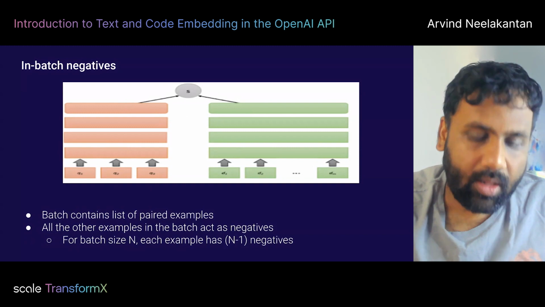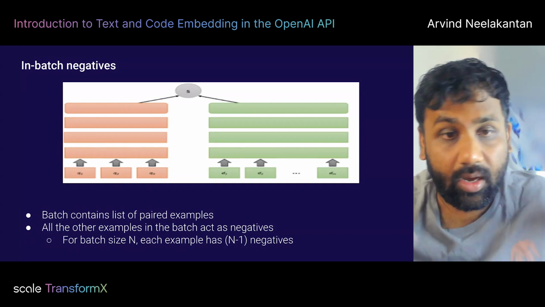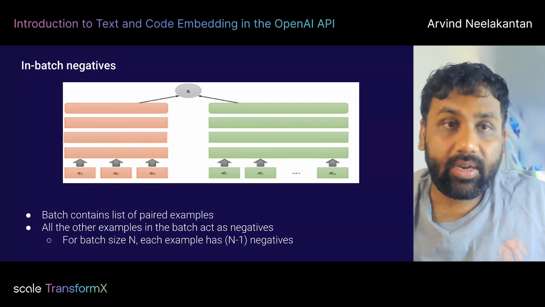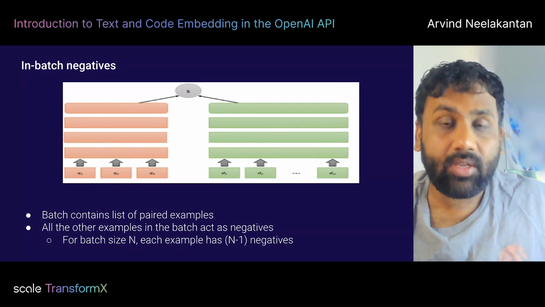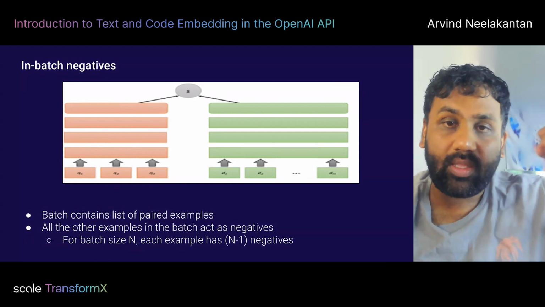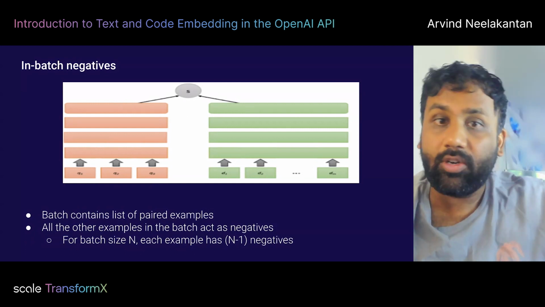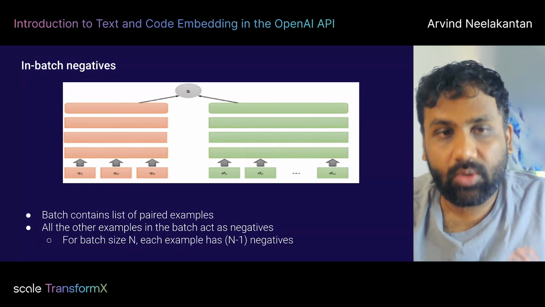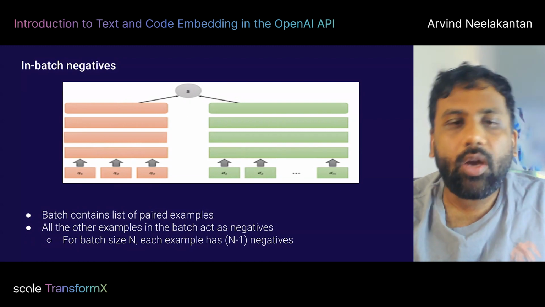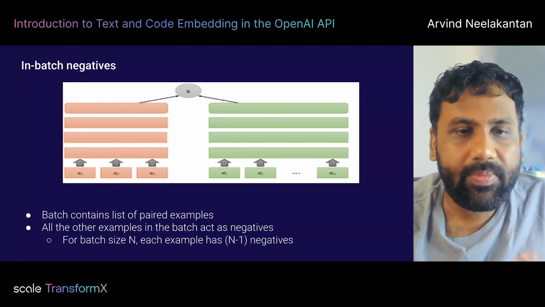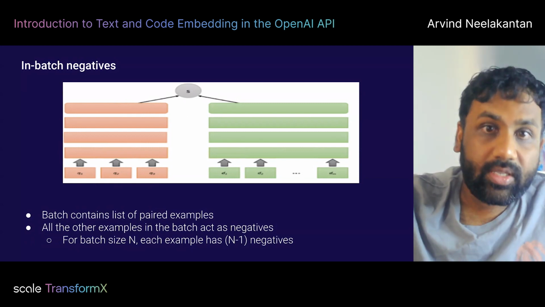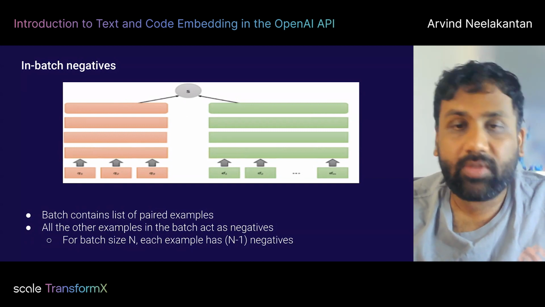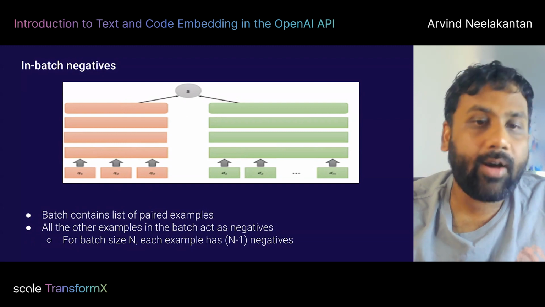Once you have the model and the paired data, you need a loss function. What we do here is treat the paired data as the positive examples, so you want those scores between inputs in the same pair to be high. With stochastic gradient descent, we do it with a mini-batch, and we're going to use the other examples in the batch as negatives. The main purpose for that is computational efficiency.